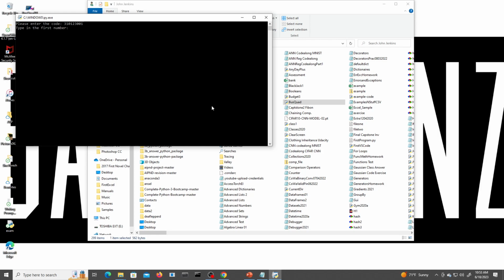So I hit enter, and it says type in the first number, so it loaded up the adding program. It's going to be adding in base 10. I have not coded a base 4 calculator as of yet.